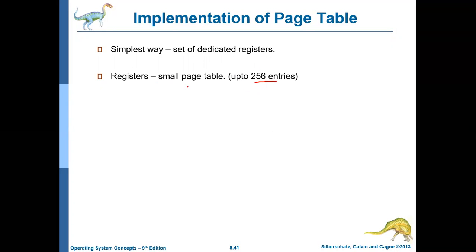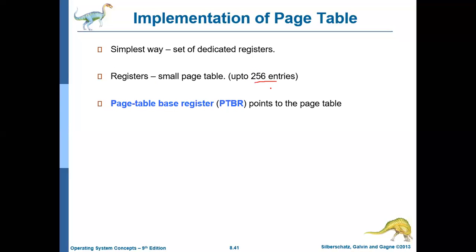So this method will be fine if the size of the page table is up to 256 entries. But today's page tables have many entries. It may go up to 1 million entries. So we cannot depend on the CPU registers for the page table, right?